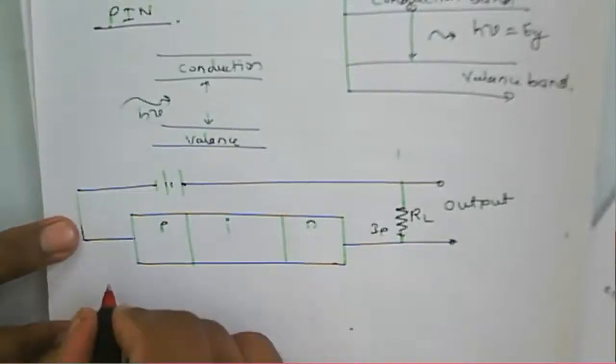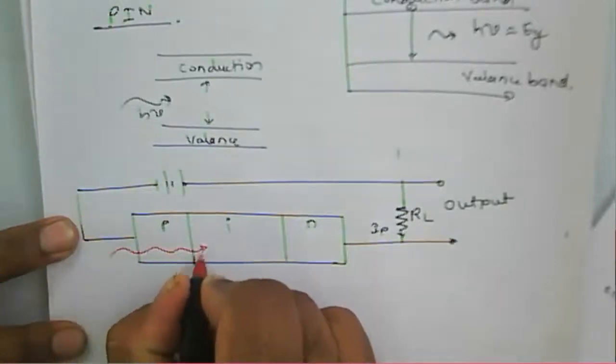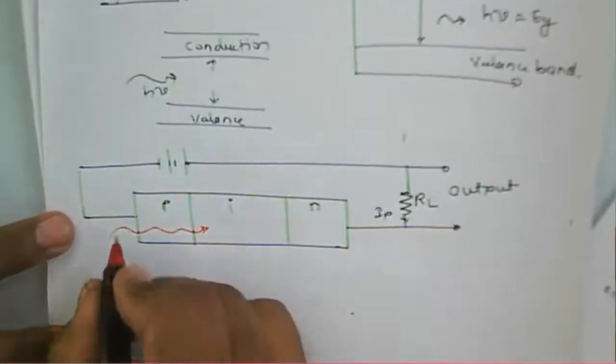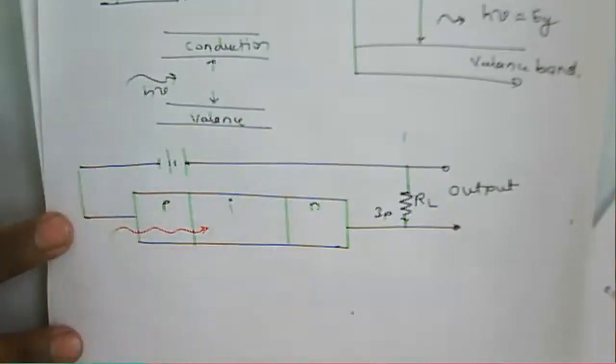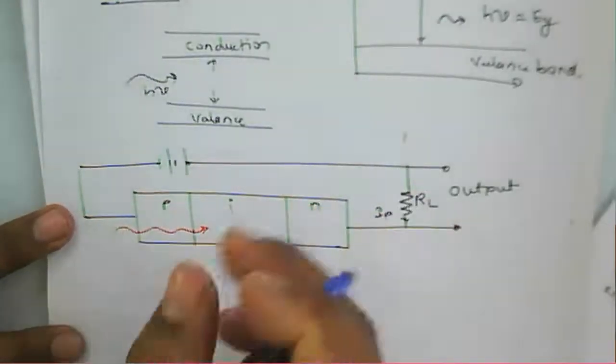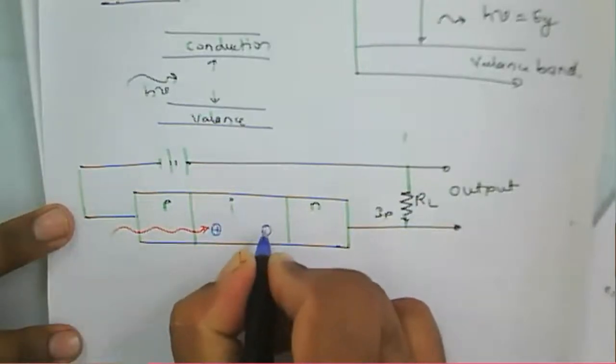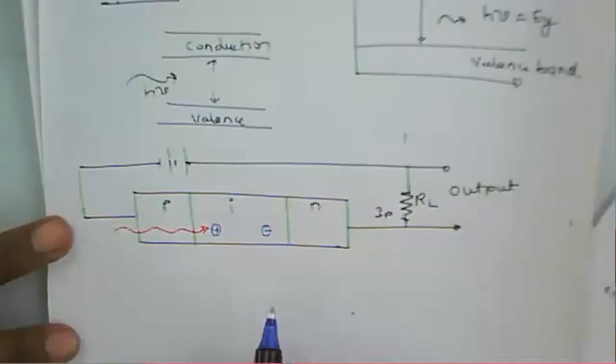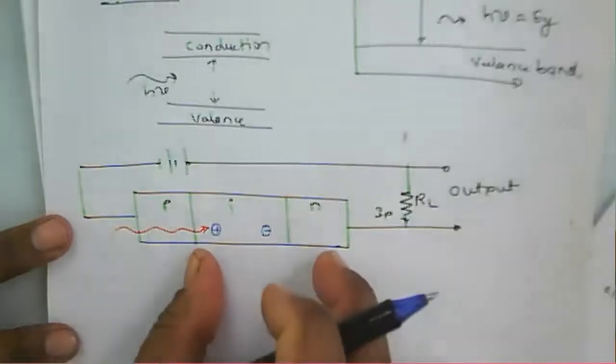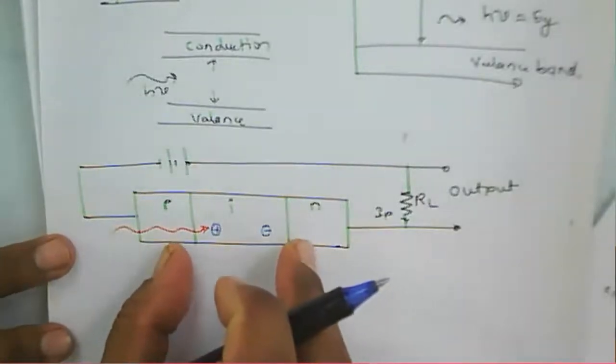When light falls on this, what happens? It will generate electron and hole, and separation of carriers takes place. So we have that electron and hole in this particular region, the intrinsic layer.